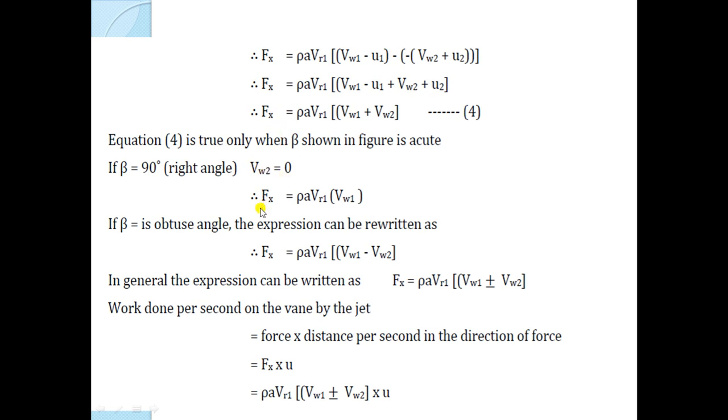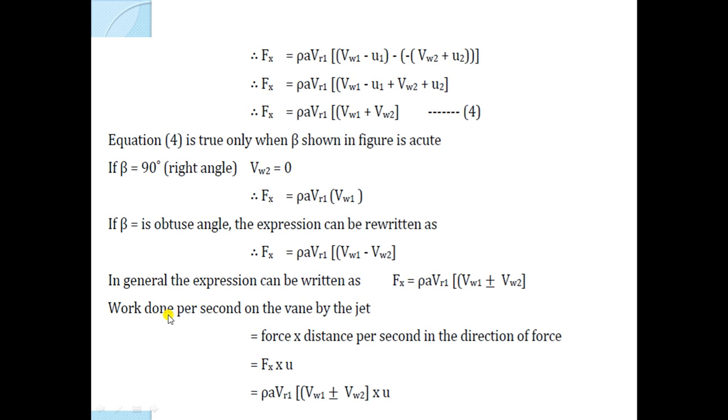So equation 4 can be rewritten as Fx is equal to rho a Vr1 into Vw1. Now, if beta is obtuse, the expression can be rewritten as rho a Vr1 into Vw1 minus Vw2. So in general, depending upon the value of beta, the expression can be written as Fx is equal to rho a Vr1 into the bracket Vw1 plus or minus Vw2.